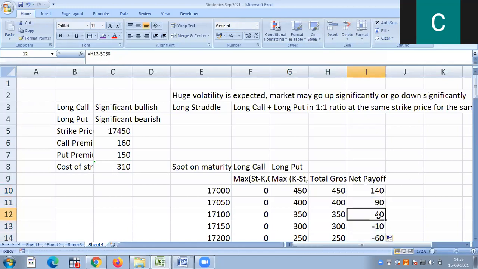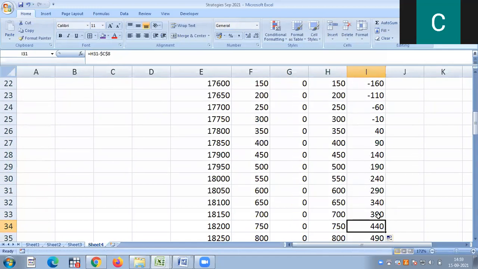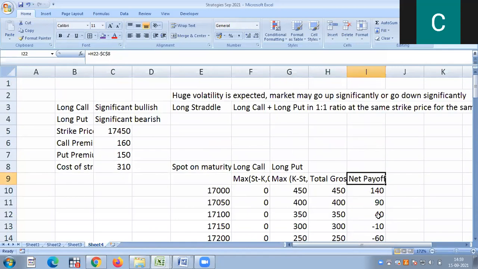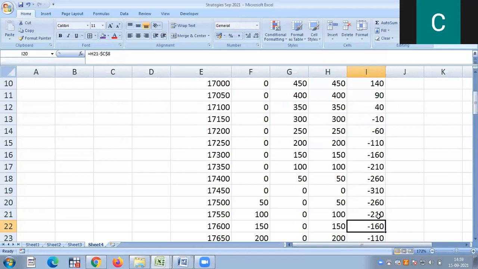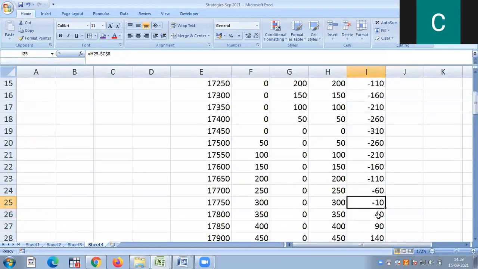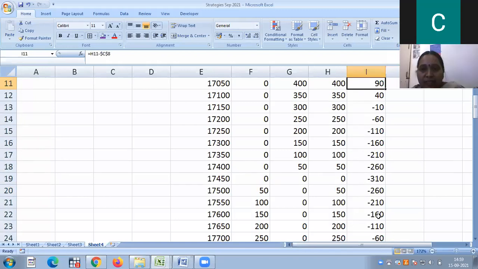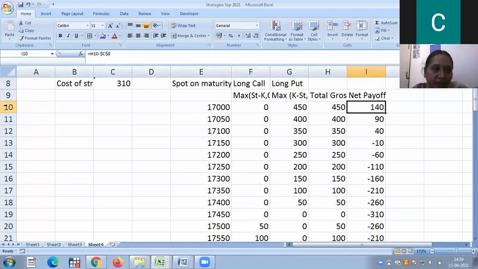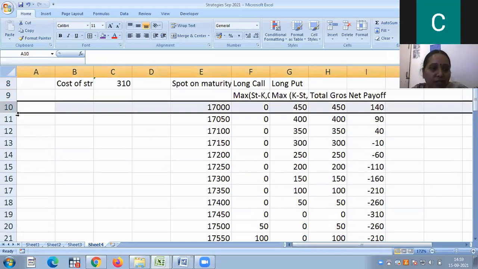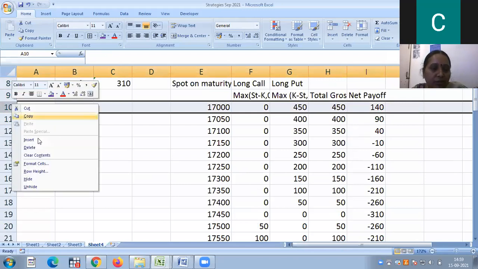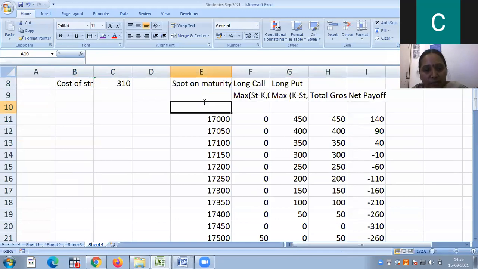Now we will try to interpret this first of all. Can you please interpret this payoff? What is your interpretation? When the market is in downtrend, are you in the profit zone or loss zone? If the market is going down, let's further put it as 16,950 also.